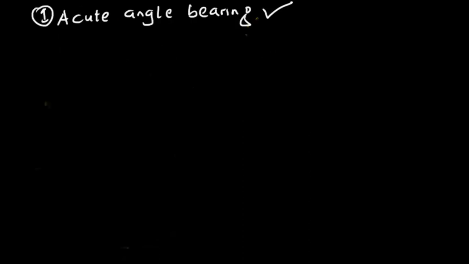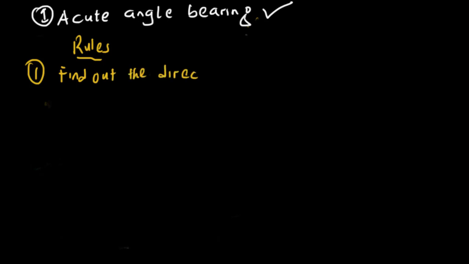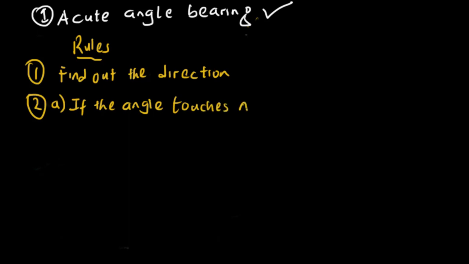Now in order for this to be very simple for us, I'm going to give us 2 rules to consider when using acute angle bearing. The first rule is that you need to find out the direction. That's the first rule. Now the second rule has A and B. A: if the angle touches north or south, right, I'm going to explain what I mean by this.